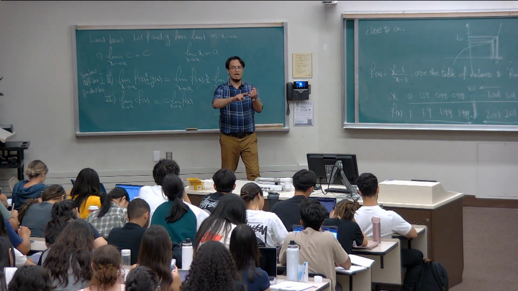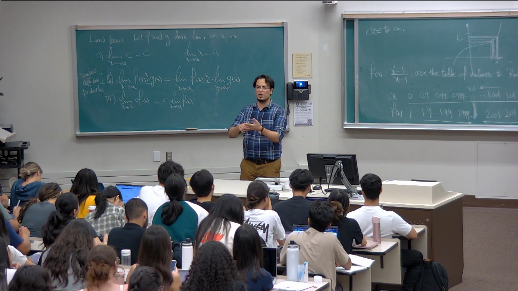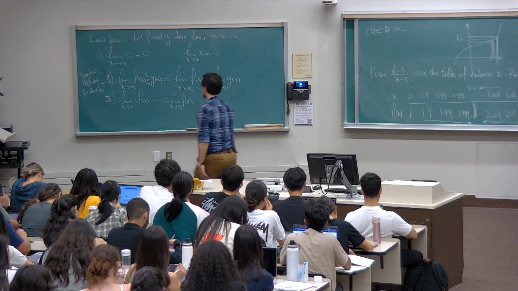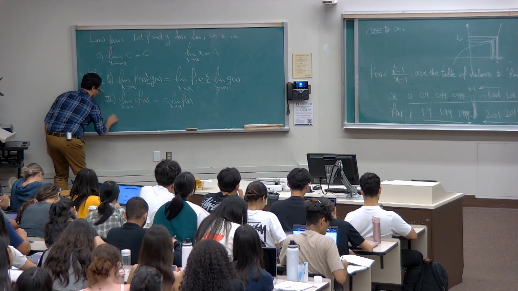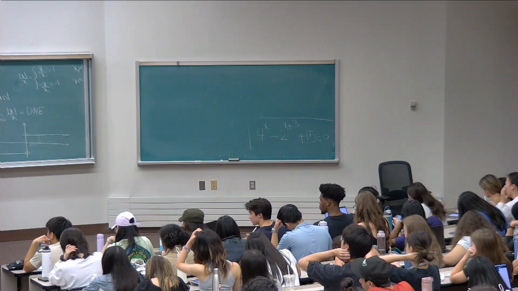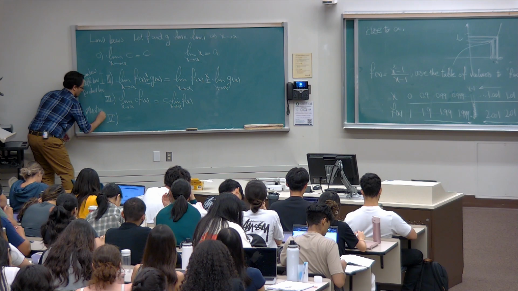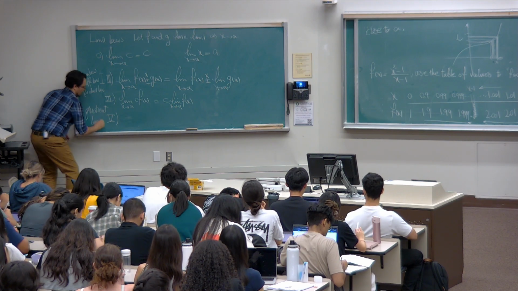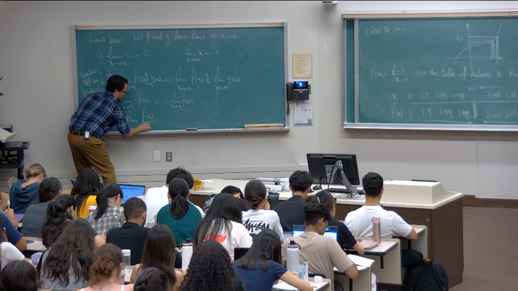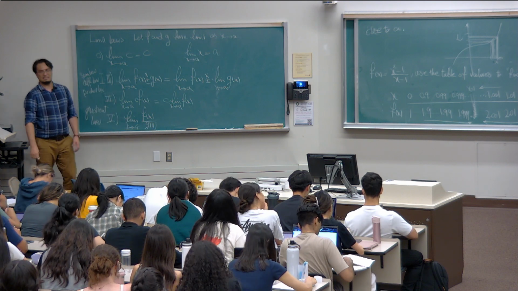Well, we did sum, subtraction, product, constant multiple. What else is left? Quotient. Quotient law. This is the important law. Oh, why am I writing it there? Not there, here. Quotient law says the limit of the quotient of two functions that have limits as x approaches a.